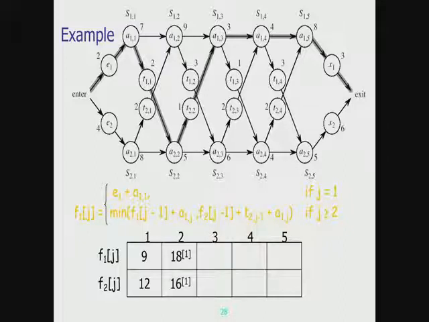Also, the fastest way of crossing station 2 on line 2 is to actually go through station 1 in line 1 and then transfer to station 2 on line 2 and be processed at station 2 on line 2.